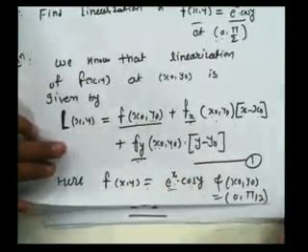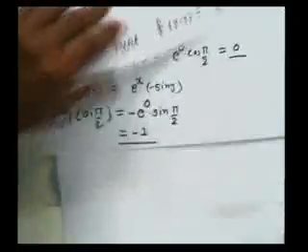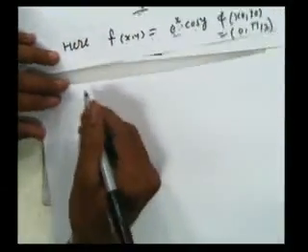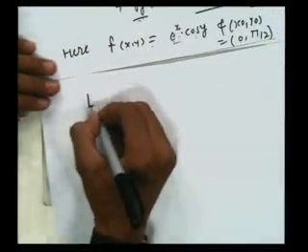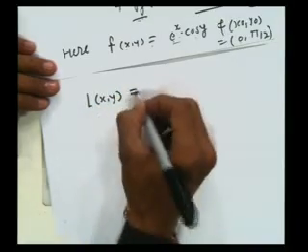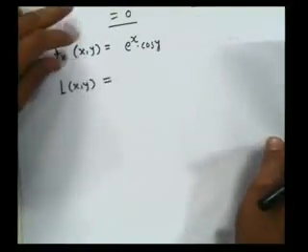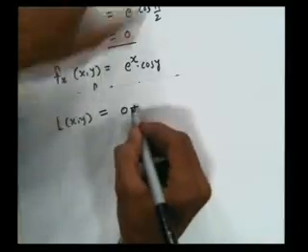So putting all these values, we have the linearization L of x comma y equal to f of x0 comma y0, which we found is 0. So the first term is 0.